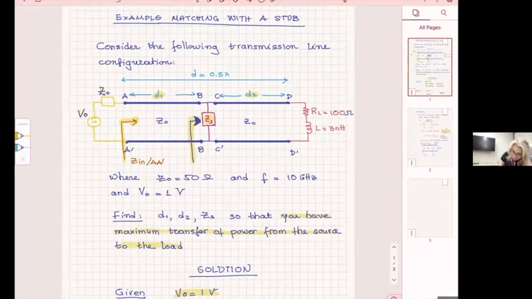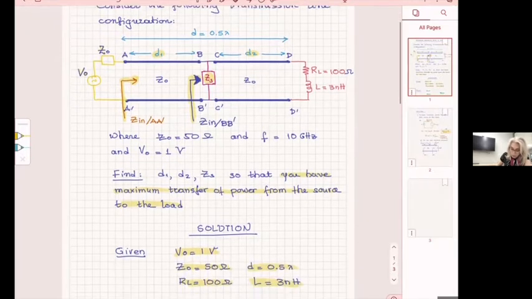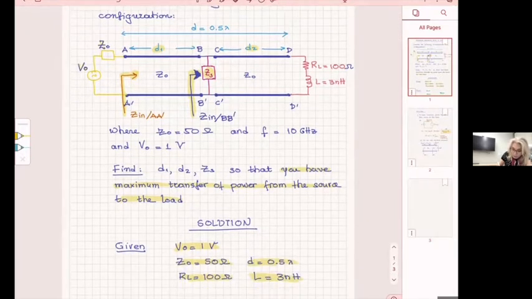This is my Z in at B prime. So without normalizing for a moment, for now I want to make that equal to Z naught, and therefore to achieve this one, I will have to make this happen.